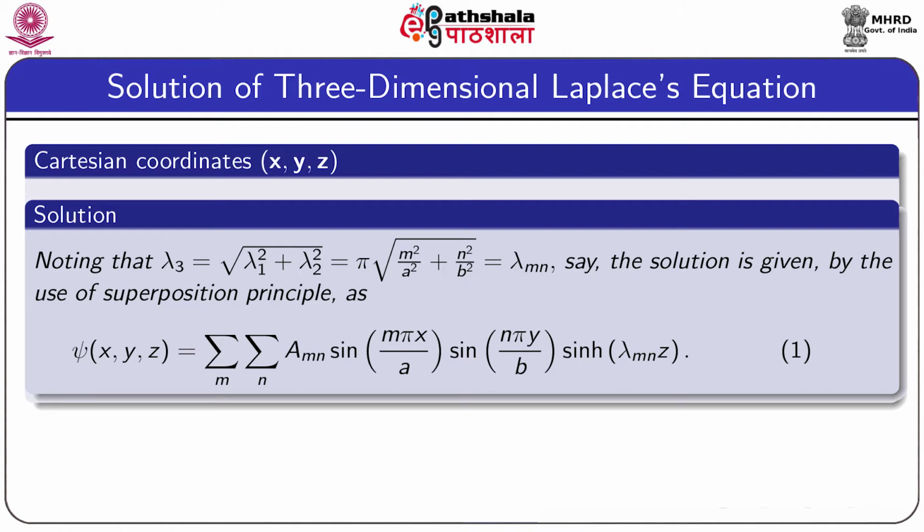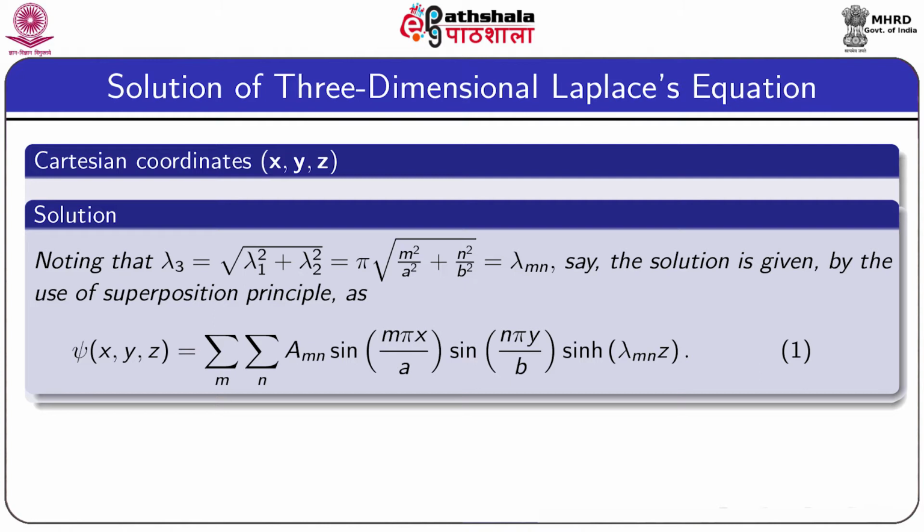So, if we substitute the values of lambda 1 and lambda 2, we get lambda 3 as pi times the square root of m squared by a squared plus n squared by b squared, and you can see that the value of lambda 3 depends on the values of m and n. That is why we wrote lambda 3 as lambda m n.